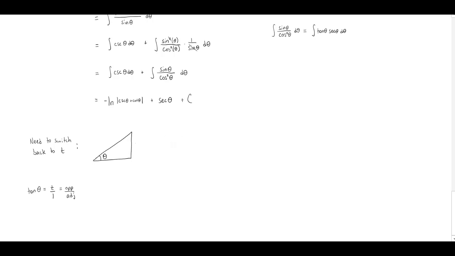And then what we can do right now is calculate the length of the hypotenuse using the Pythagorean theorem. So the length would be the square root of a squared plus b squared, so it would be the square root of 1 plus t squared. Okay? Alright. So then the idea is we'll use the right triangle to figure out what cosecant theta and cotangent theta and secant theta are going to be. Alright? Okay.